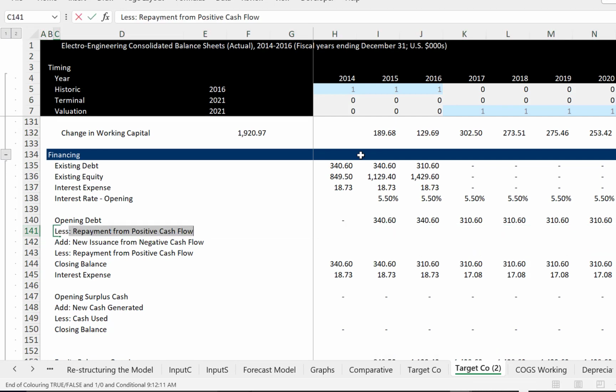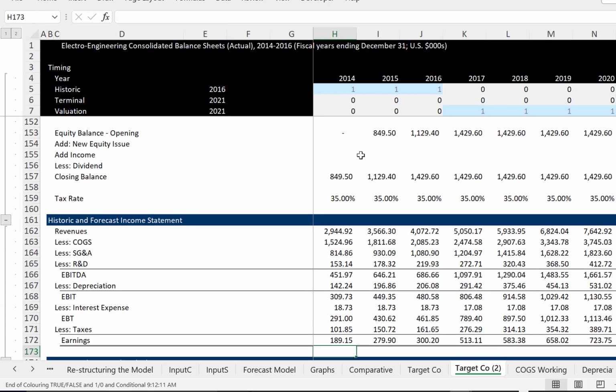Now, when you do this kind of stuff, you could split up the debt. You could put existing debt, new debt, short-term debt, long-term debt, but there's got to be one debt issue that captures the cash flow. And that's what we're doing here.